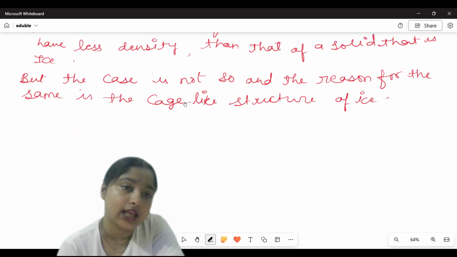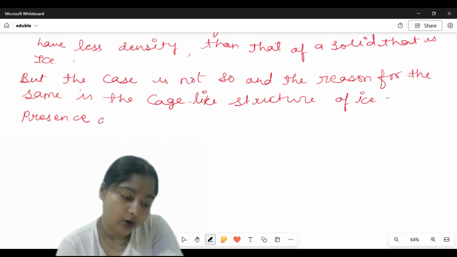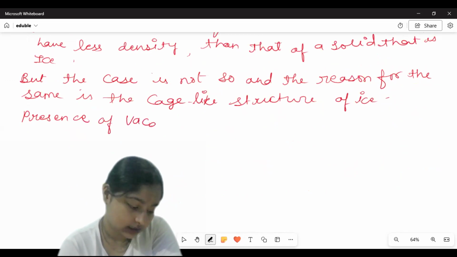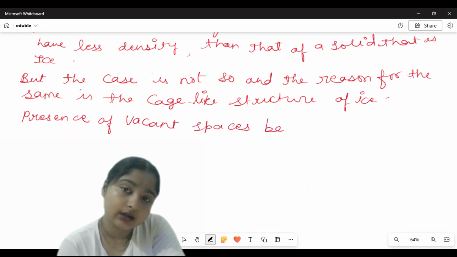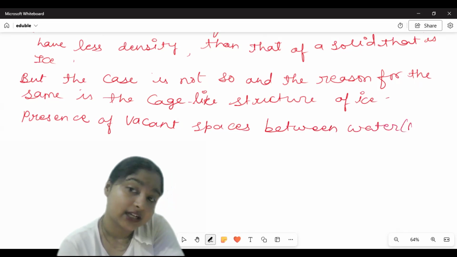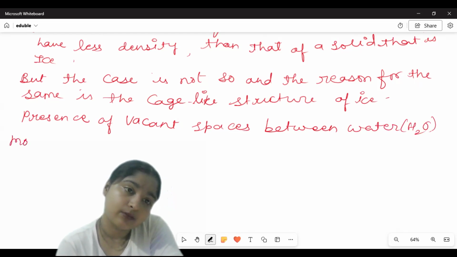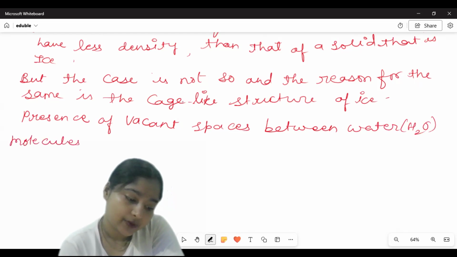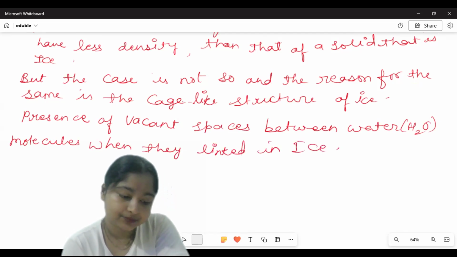You can even explain the presence of vacant space between water, that is H2O, water molecules, when they are linked in ice.